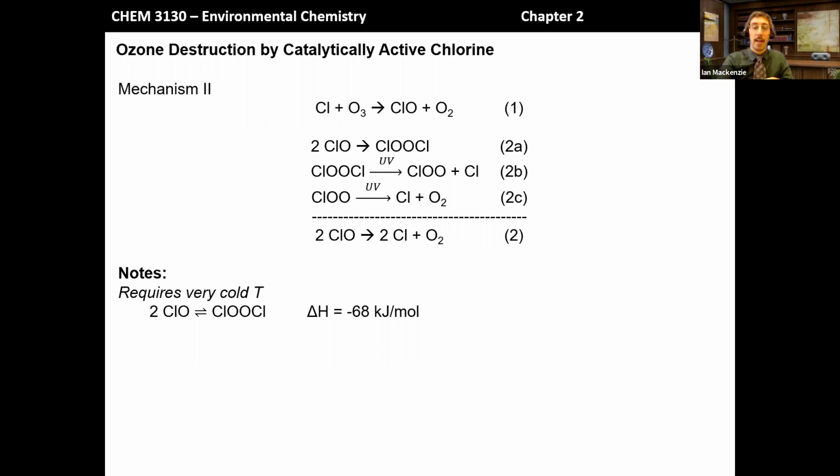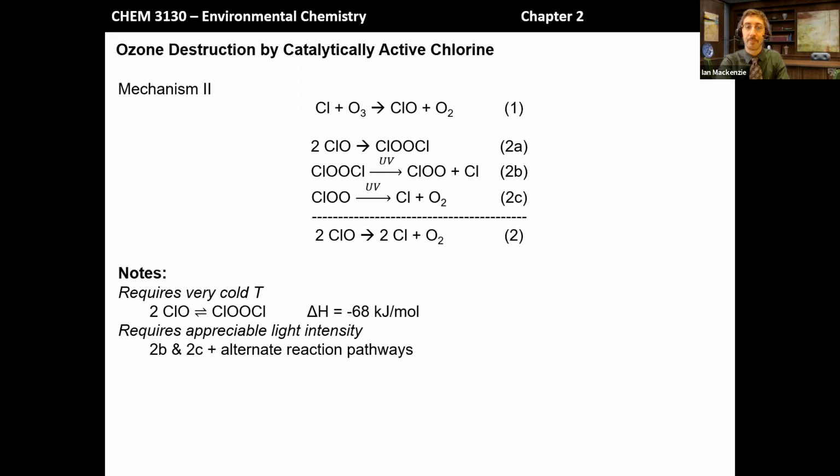And then the second part is that this does require appreciable light intensity. So probably maximum ozone destruction occurs not at the very beginning of the springtime, but a little bit later into the spring, because 2B and 2C both require UV light.